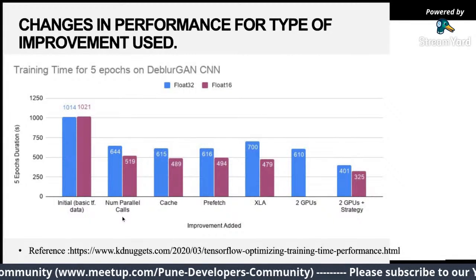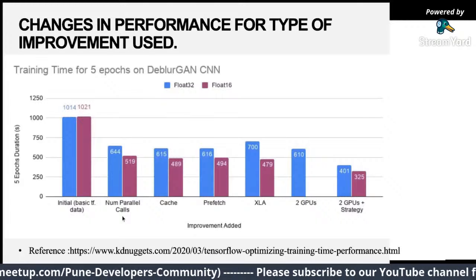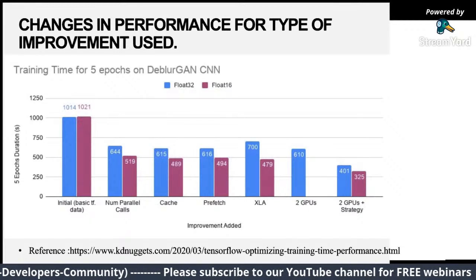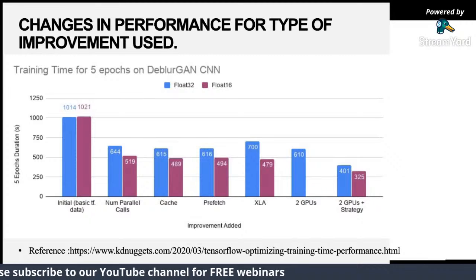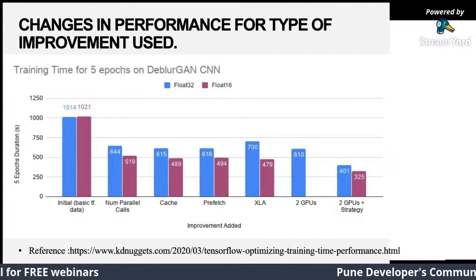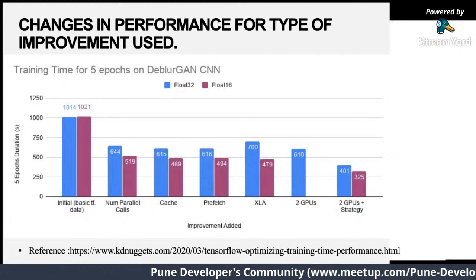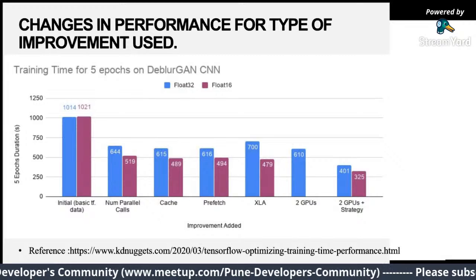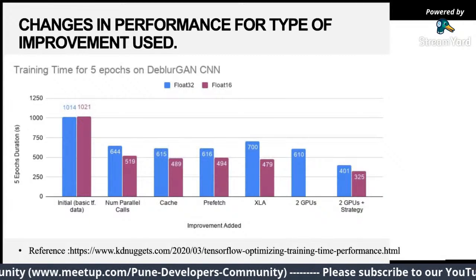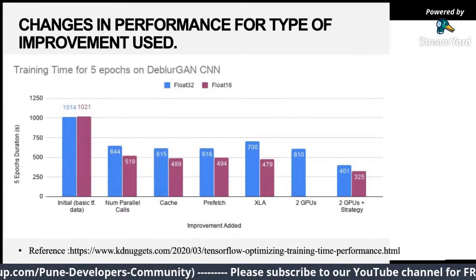If they move ahead with parallel calls, while you're normalizing your data or doing some pre-processing operations, you can have these operations executing in parallel, so that you shed the overhead of executing all these instructions one after the other.